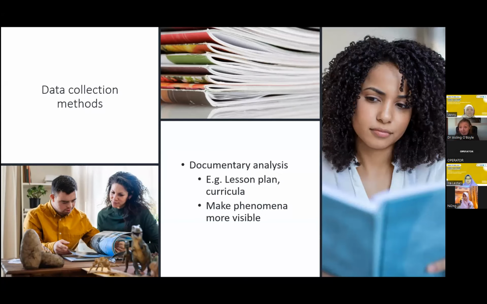It could be a chemistry textbook, but that might be something that you're interested in looking at, or what countries, for example, are represented in textbooks about chemistry. That is one way in which the phenomenon that you're interested in, be it the geopolitical representation of science, or be it gender representations in textbooks, actually becomes visible.